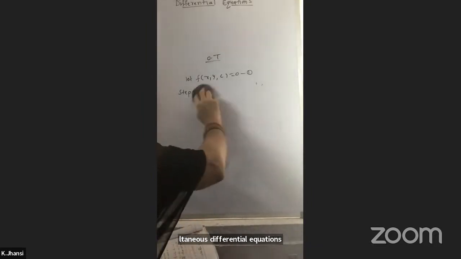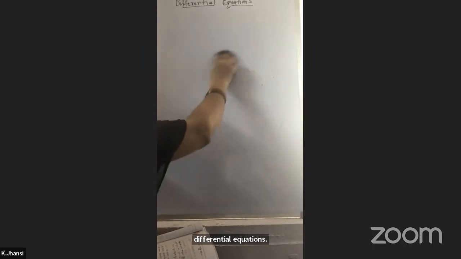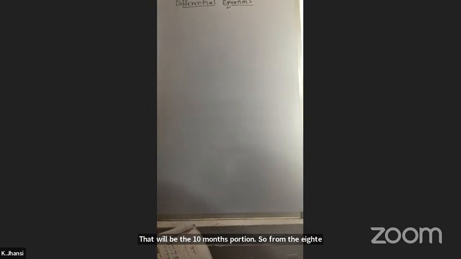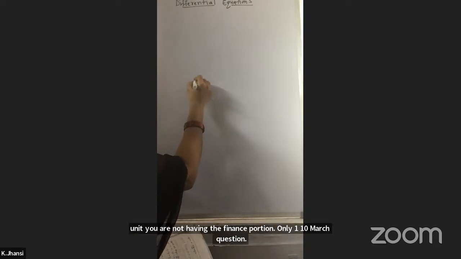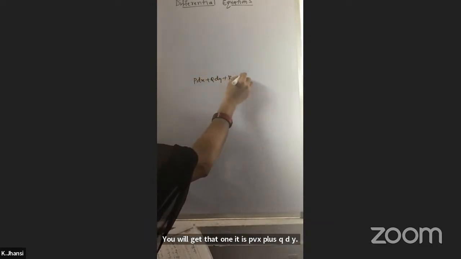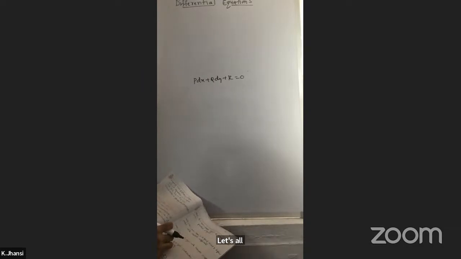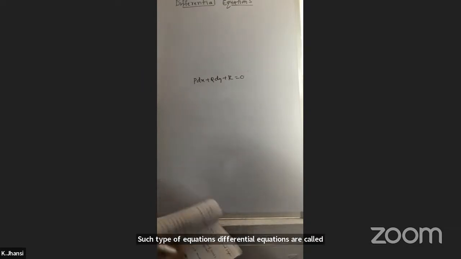So this problem, the 11B question, you will get, that will be the 10 marks question. From the 8th unit, you do not have a 5 marks question, only one 10 marks question.